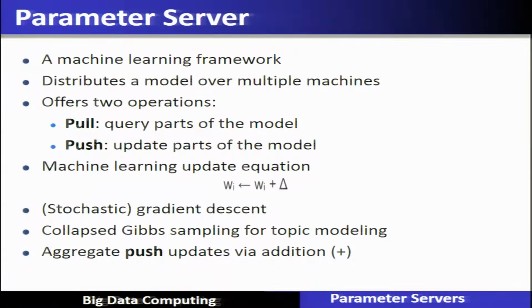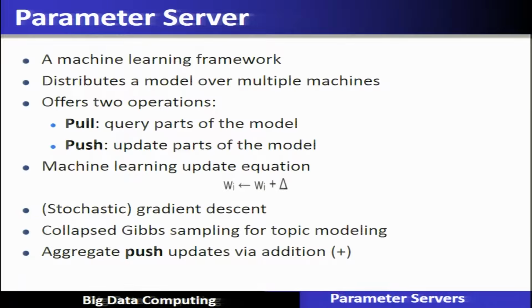In any machine learning update equation, as shown here, Wi is updated as Wi plus a little delta, which is handled in the model by push, in the form of a plus operation.